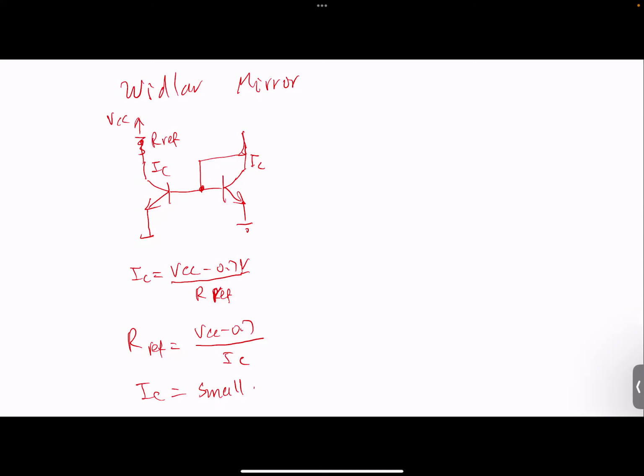When current is in microamps, and VCC, let's say, is 5 volts, so 5 minus 0.7 is 4.3. 4.3 divided by such a current, you get hundreds of kilo-ohms, which is a very big resistor. When we design integrated circuits, it's very difficult to design resistance on silicon.